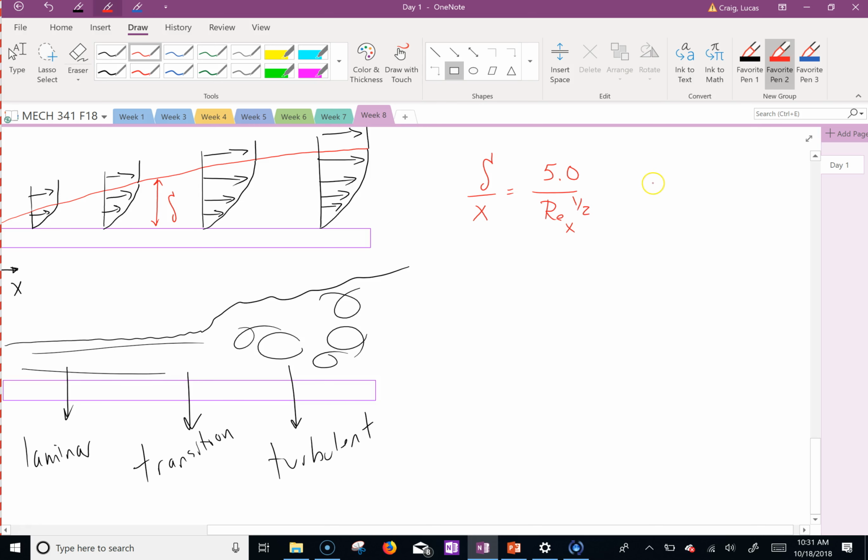This is for 10 to the third less than the Reynolds number, less than 10 to the 6. And this is Re_x greater than 10 to the 6.